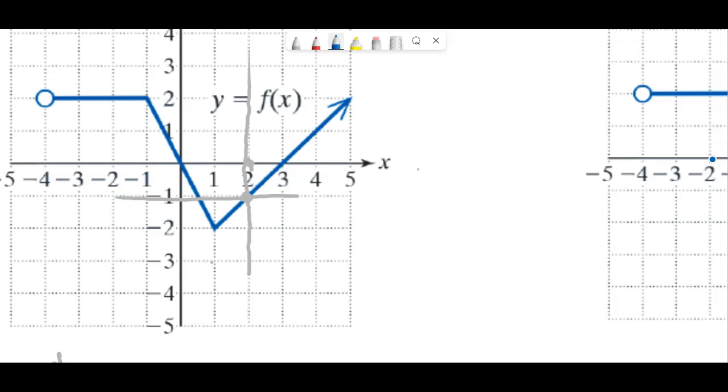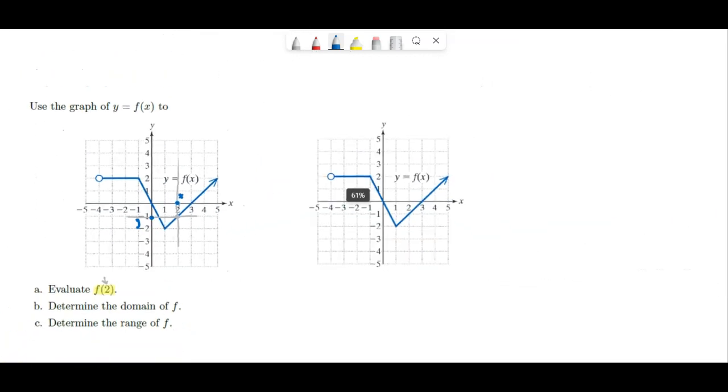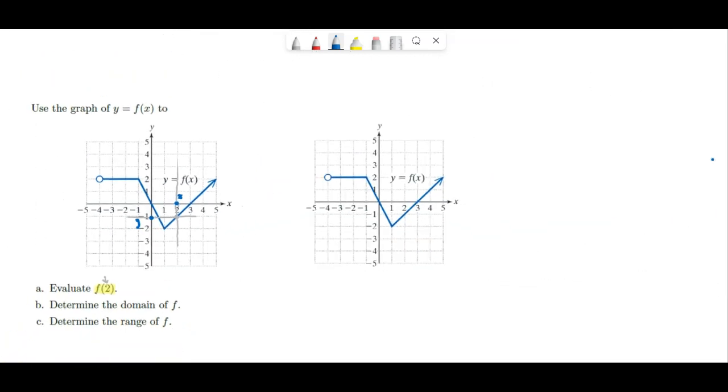And the image of the point will be the intersection right here. So it is -1. So what do we understand? This is the value of the x, and this is the value of the y. All right? So going back to the problem, f of 2 should be equal to -1.